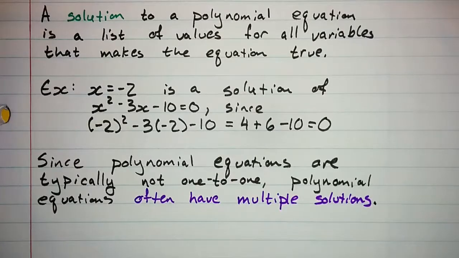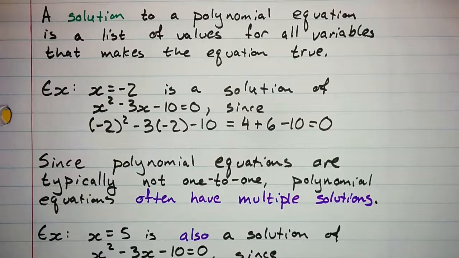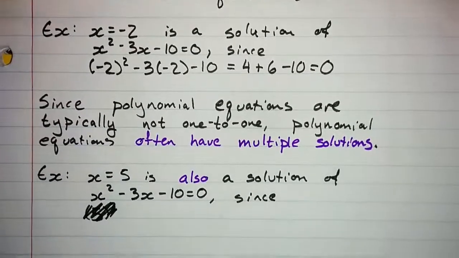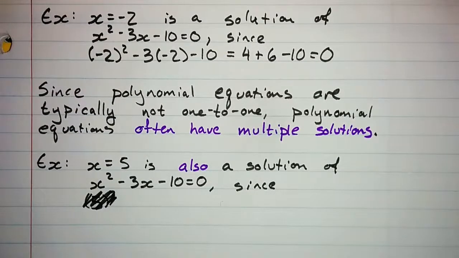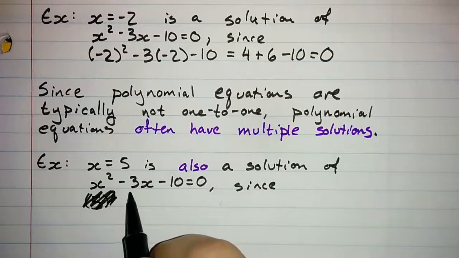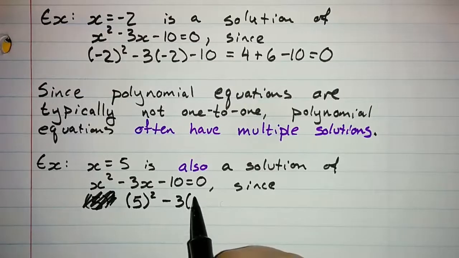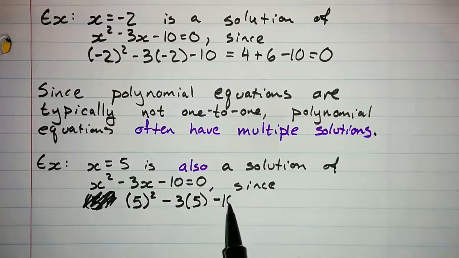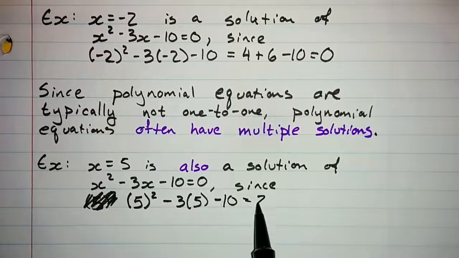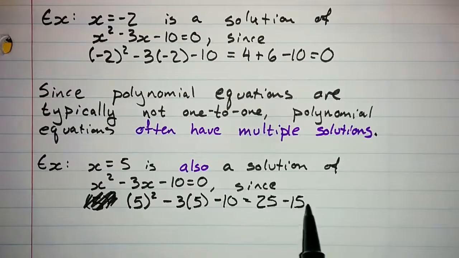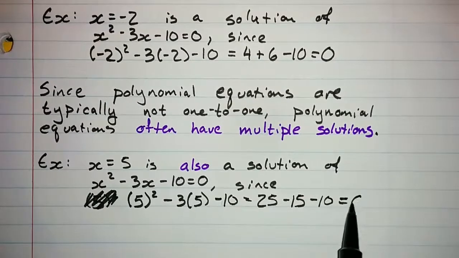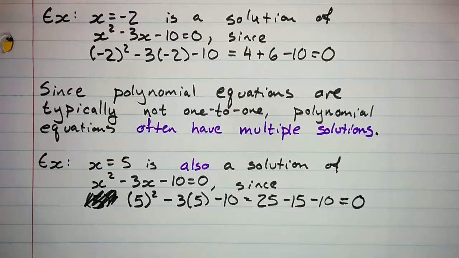So to continue even further with our example, x equals 5 is also a solution to that polynomial equation we mentioned earlier, since when we plug in x equals 5, we'll get 5 squared minus 3 times 5 minus 10, which will be 25 minus 15 minus 10, which again gives us 0. It turns out these are the only two solutions of this polynomial equation. We'll see how we find those later on.